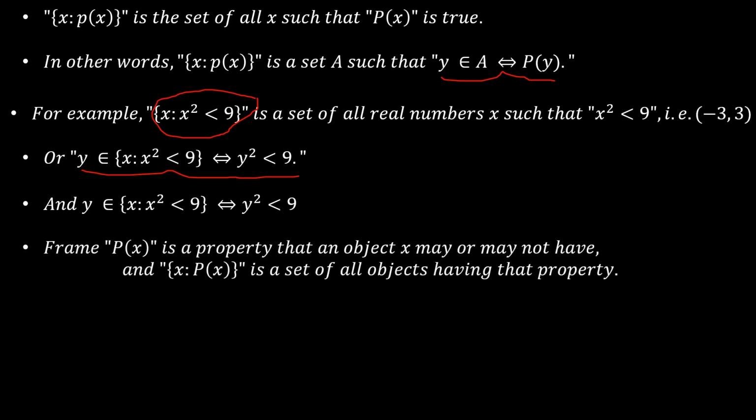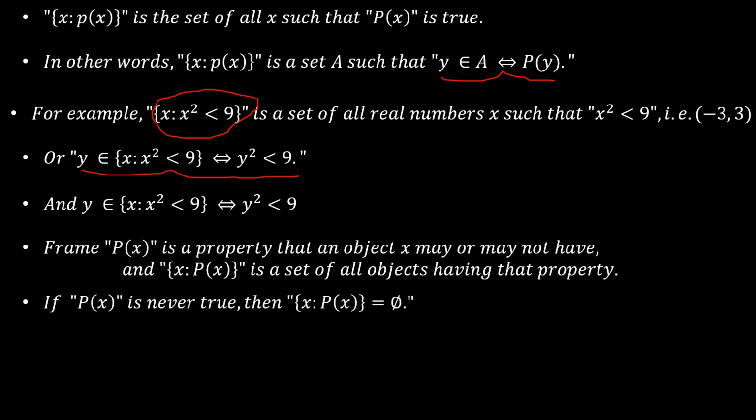Now, a frame p(x) here is a property that an object x may or may not have, and so the set here is a set of all objects having that property. In other words, this set picks the elements of x for which p(x) holds.